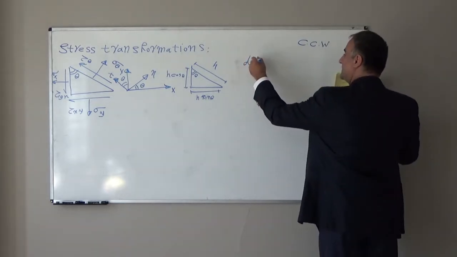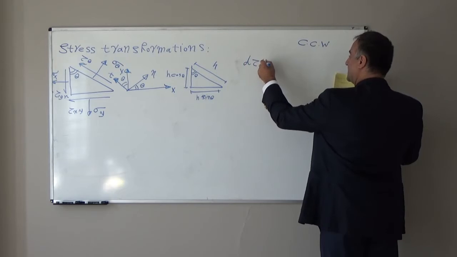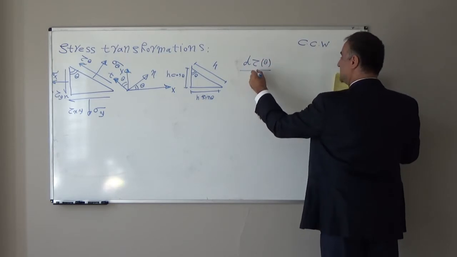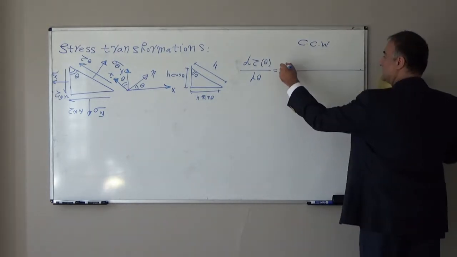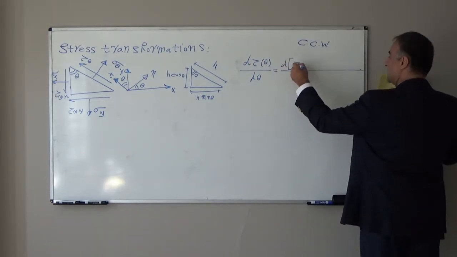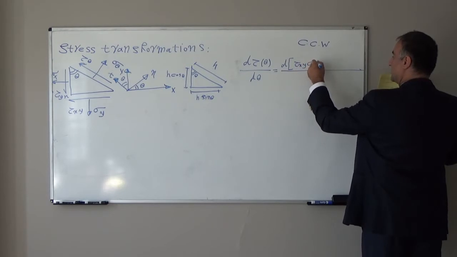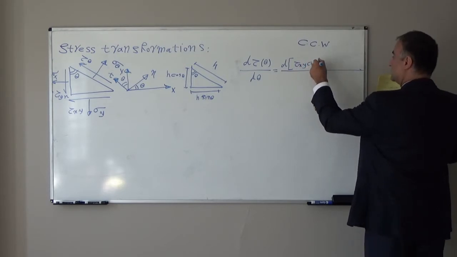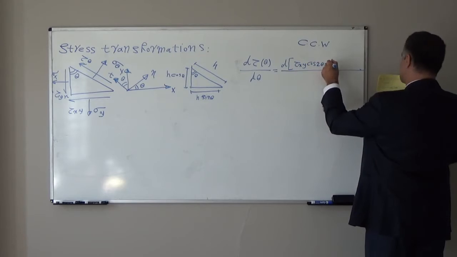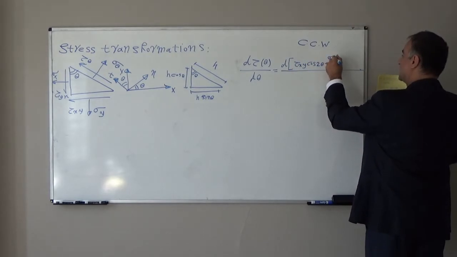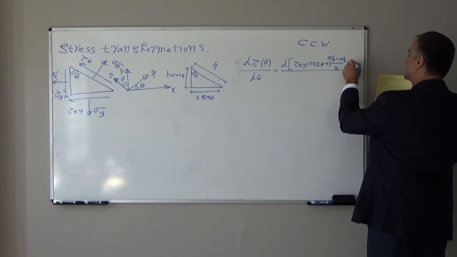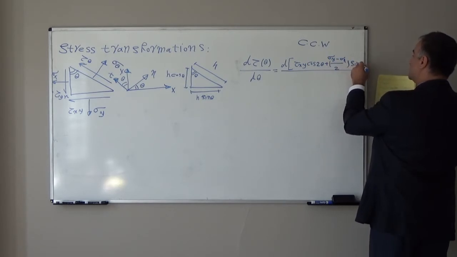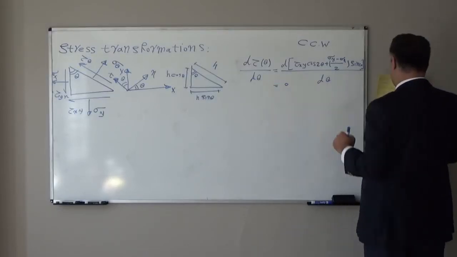If we calculate d tau theta with respect to d theta, that will be equal to the derivative of tau xy cosine 2 theta plus sigma y minus sigma x over 2 sine 2 theta with respect to theta, equal to 0.